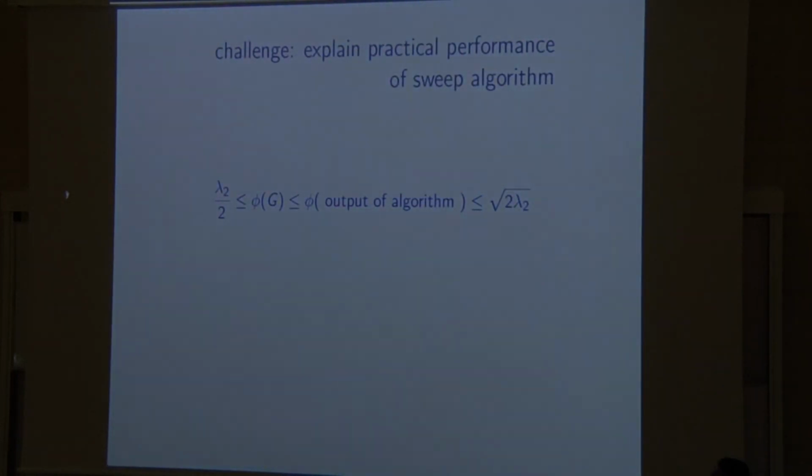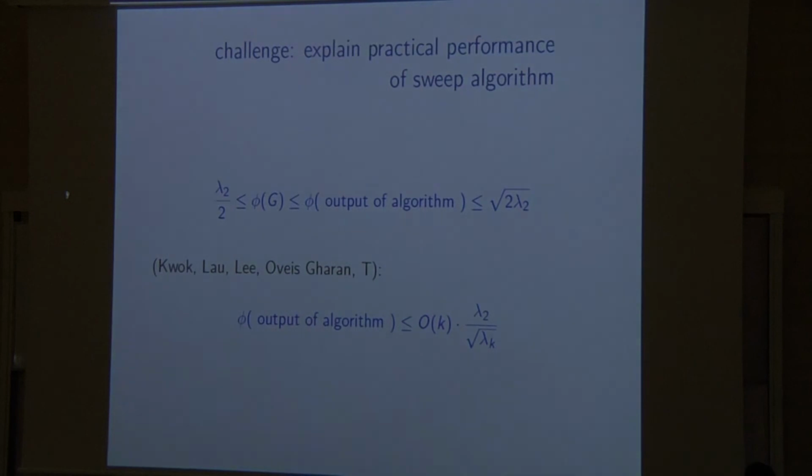So here is a problem, not fully specified, but I think it's very interesting. In the analysis of the simple algorithm based on sorting the vertices, we have this upper bound and lower bound, and our improved analysis comes from an improved upper bound for graphs in which lambda k is large.